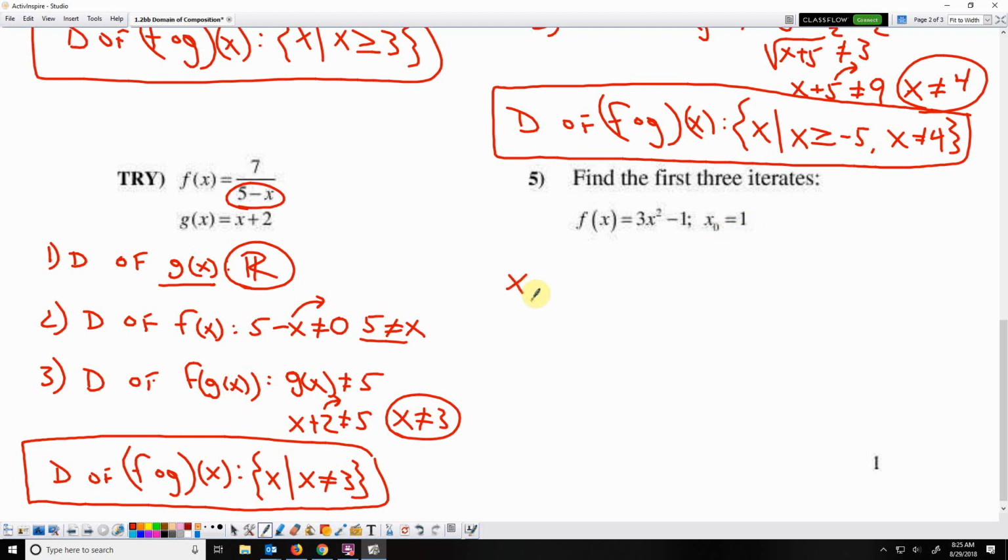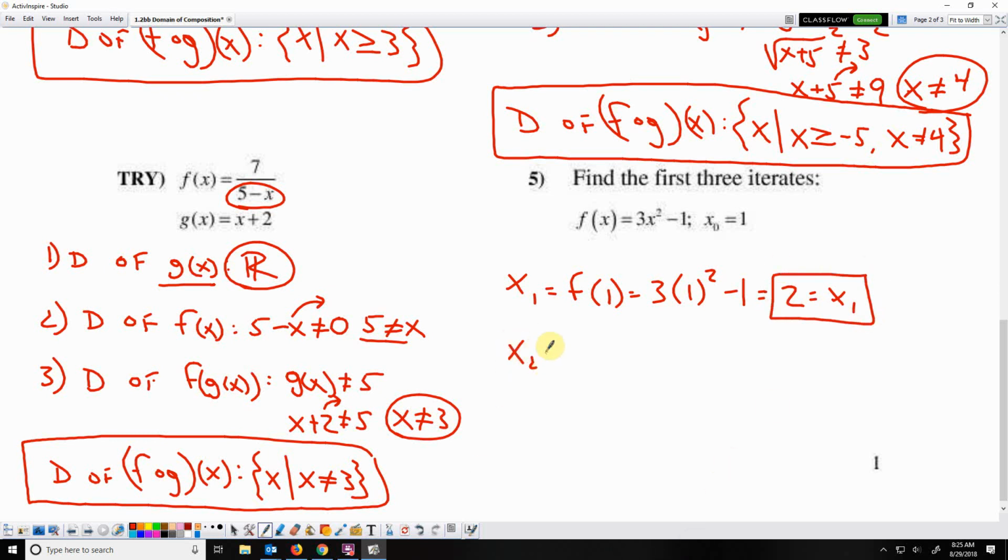To find the first iterate, x sub 1, what we have to do is f of the 0th iterate. So that's 3 times 1 squared minus 1. 1 squared is 1, times 3 is 3, minus 1 is 2. So x sub 1, the first iterate, has a value of 2.